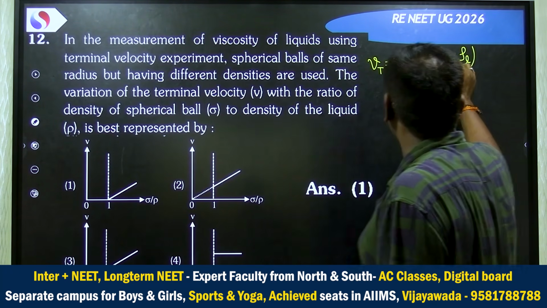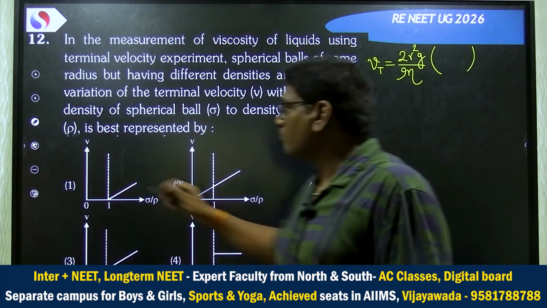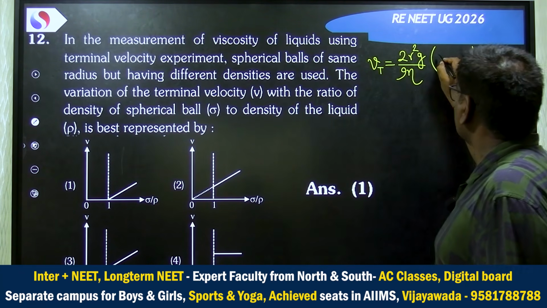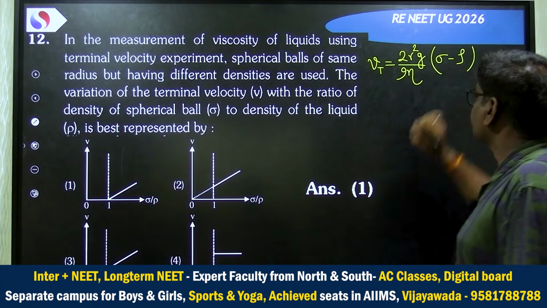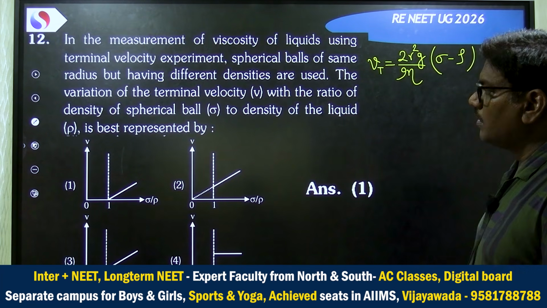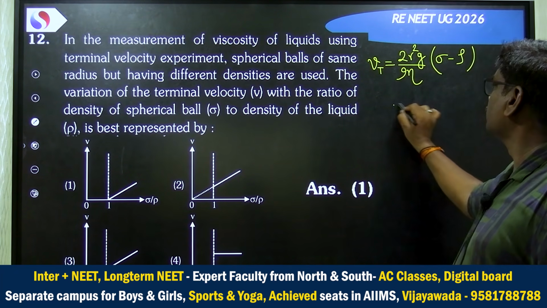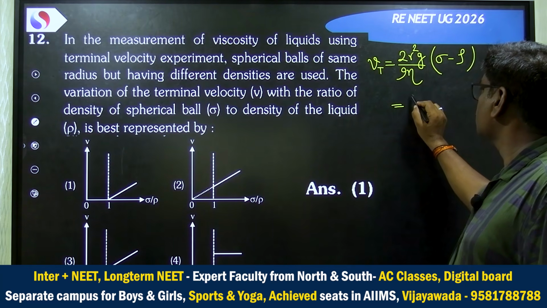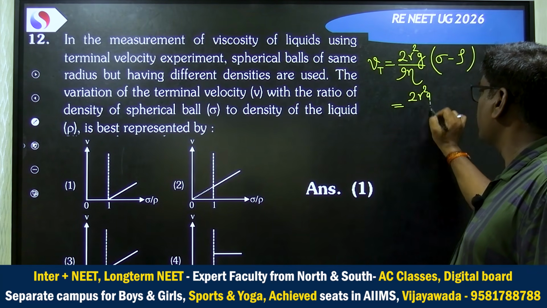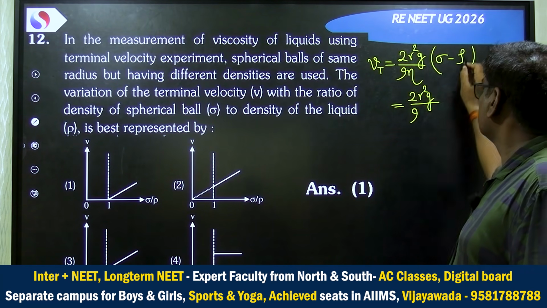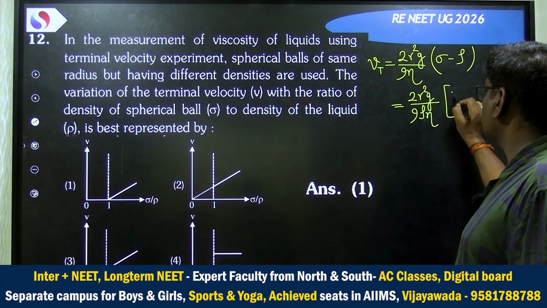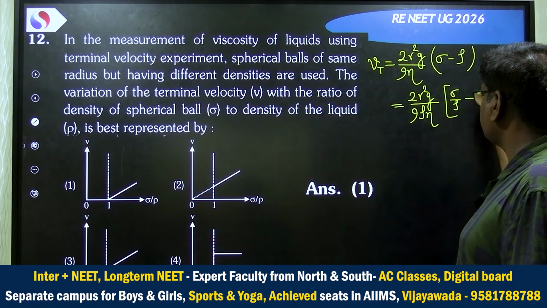If it is material, I will represent it by sigma, and liquid is given by rho. That means I am changing it to sigma and rho. Right? Then you take this common, so you can write down this thing as 2r square g by 9 eta into rho, sigma by rho minus 1.